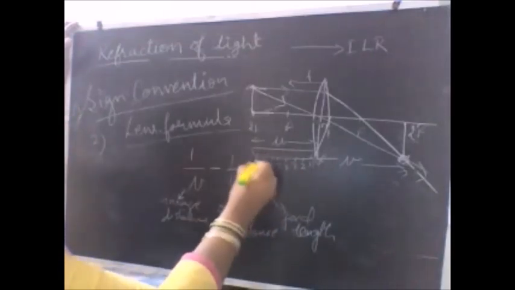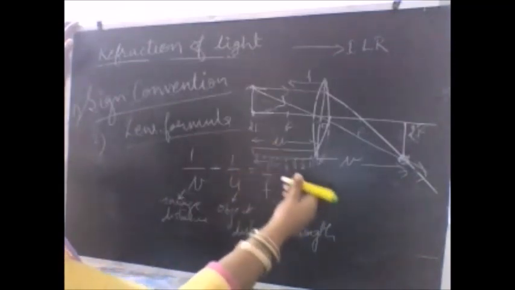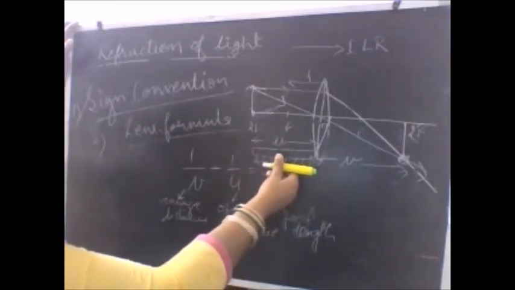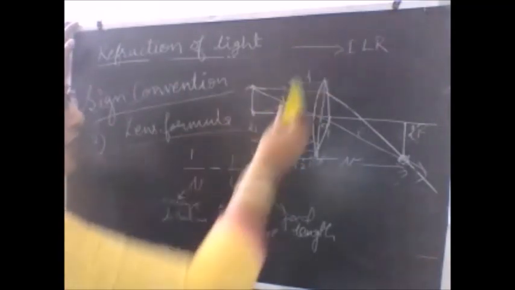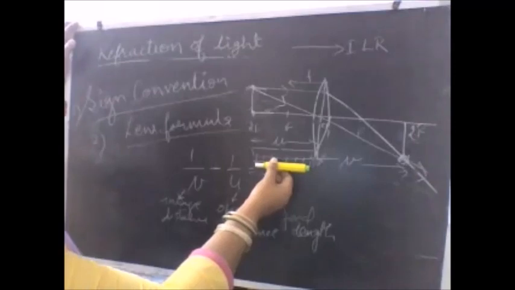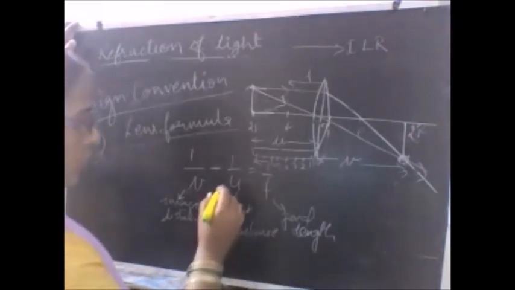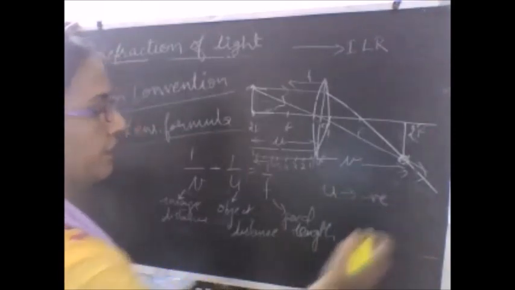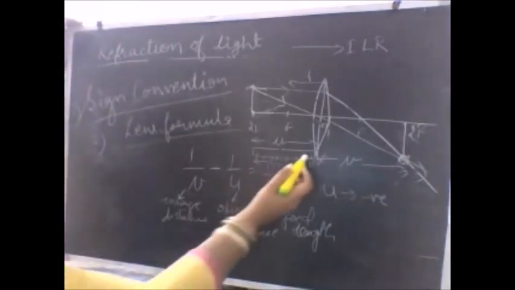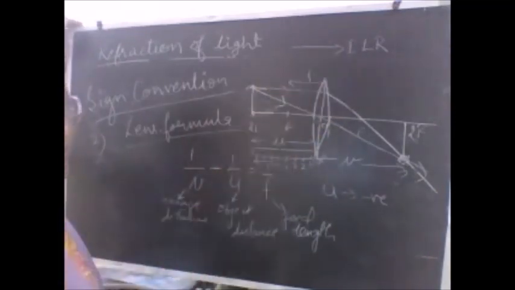So u is measured in this direction, opposite to the incident light ray. The incident light ray was from left to right, and we are performing the measurement from right to left. So for u, I'll say that u is taken as negative. Why negative? Because the direction of measurement here is opposite to the direction of the incident light ray.